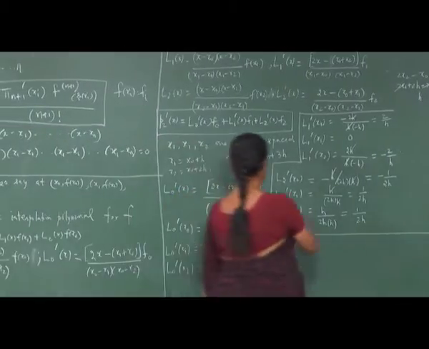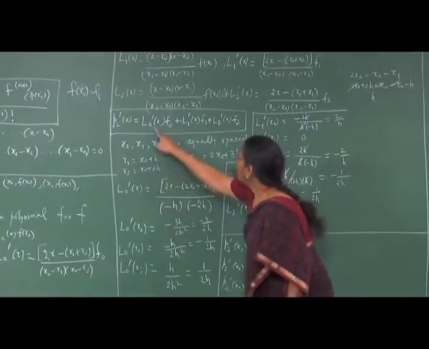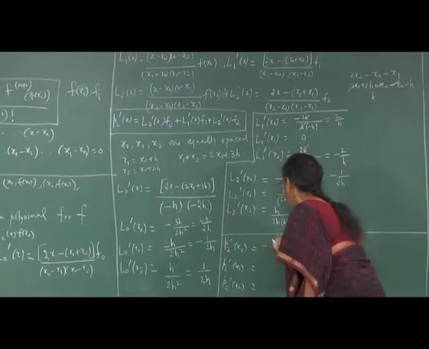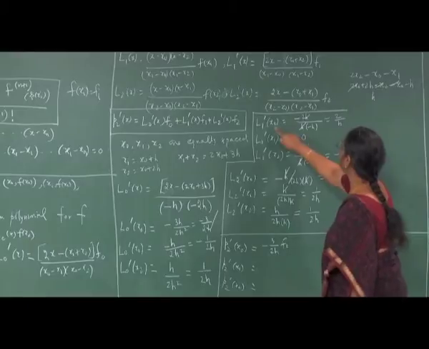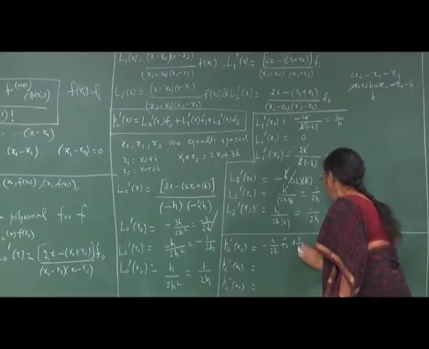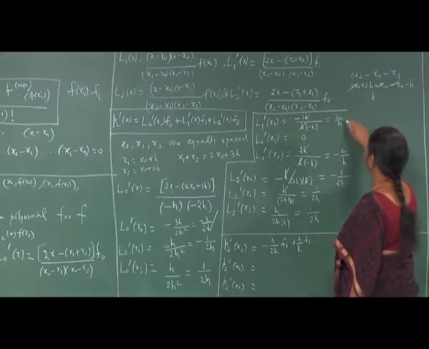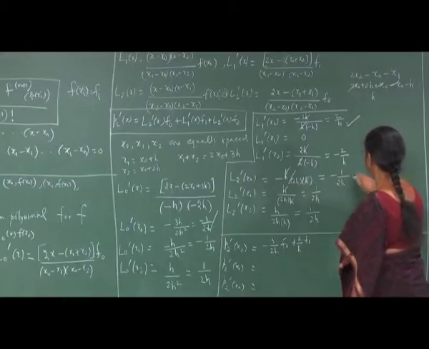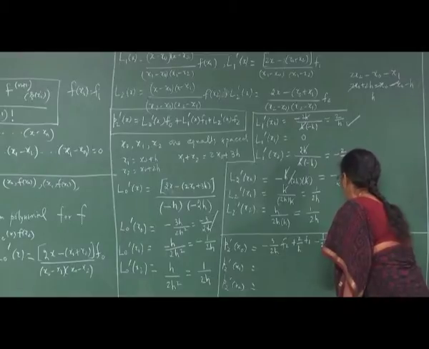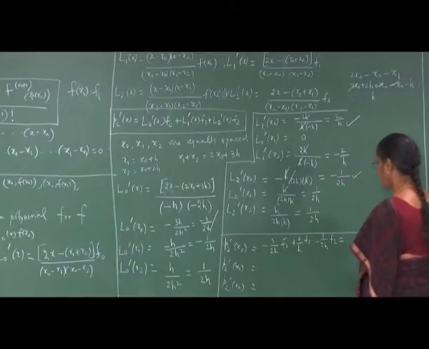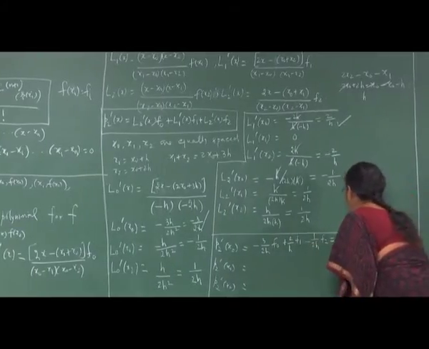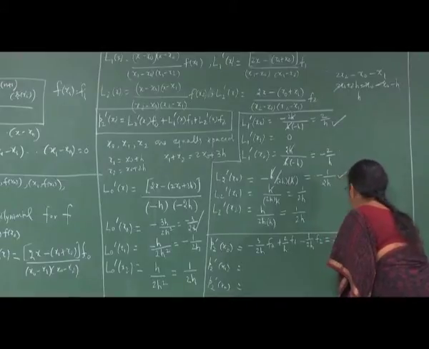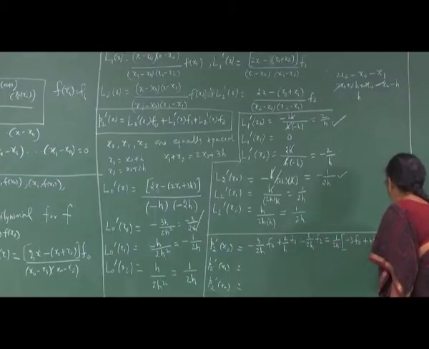So, P2 dashed at x naught will be L naught dashed at x naught, so minus 3 by 2h into f naught, then plus L1 dashed at x naught, so 2 by h into f1, and then plus L2 dashed at x naught, so minus 1 by 2h into f2. And so, if I write it, it is 1 by 2h into (minus 3 f naught plus 4 f1 minus f2).